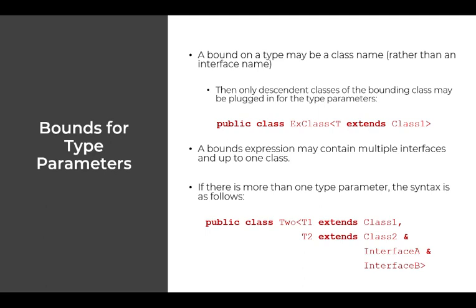If there is more than one type parameter, the syntax is as follows. So I've got public class Class2, the first parameter extends Class1, the second parameter extends Class2, and implements InterfaceA and implements InterfaceB. So be careful with that syntax. So you can see we can have a very precise bounding type for parameters. And there is more, but that will be beyond the scope of this lecture.